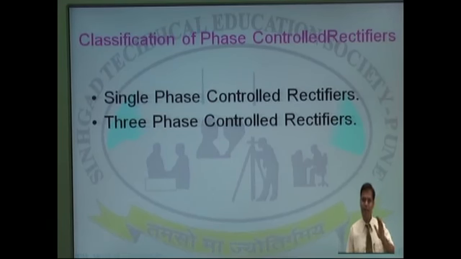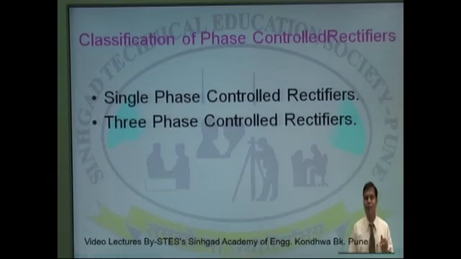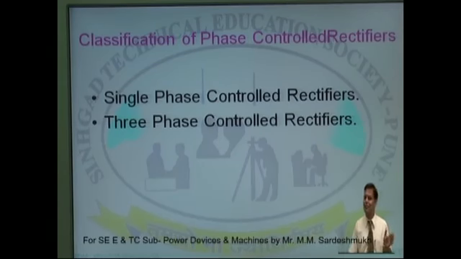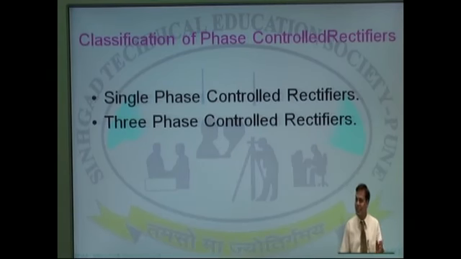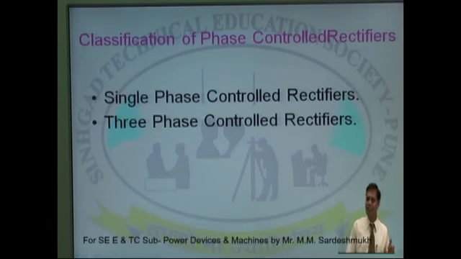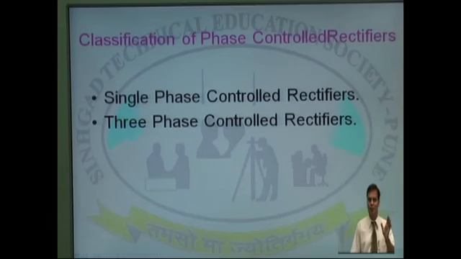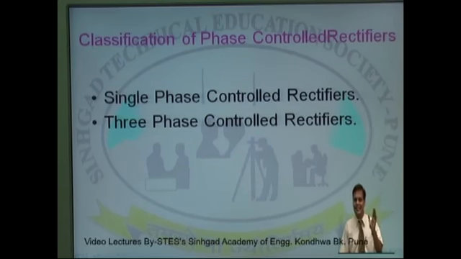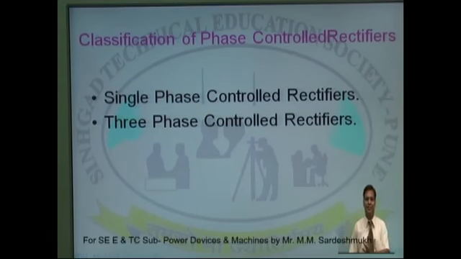Where the power requirement is low and medium, we can go for single phase converters, whereas in case of industry applications where we want to drive heavy DC drives, heavy DC motors, it is essential to go for three phase. So basically these are classified as single phase converters and three phase converters.